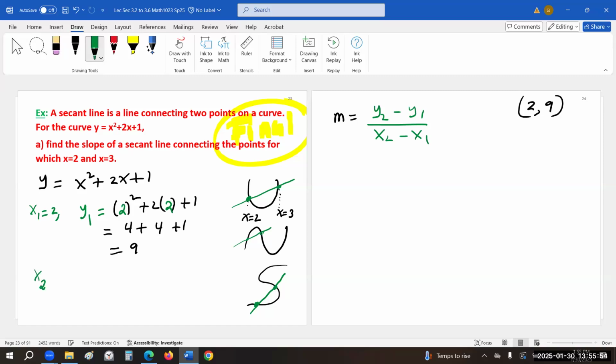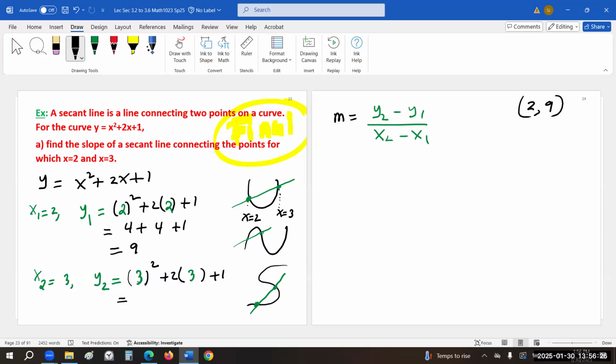So next they give us x2 is 3, and we have to find y2. If x2 is 3, what is our y2? So this time we replace all the x with what? 3. So we have 3 squared plus 2 times 3 plus 1.